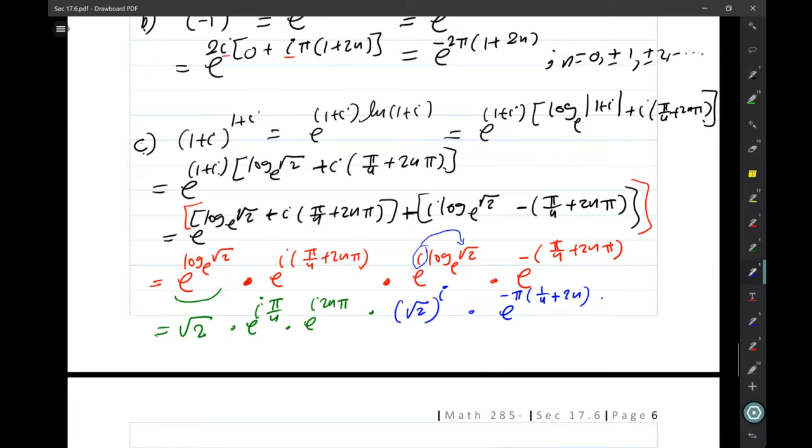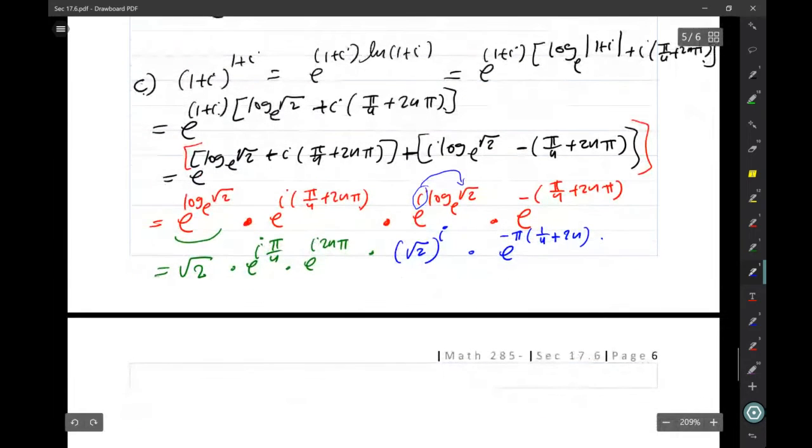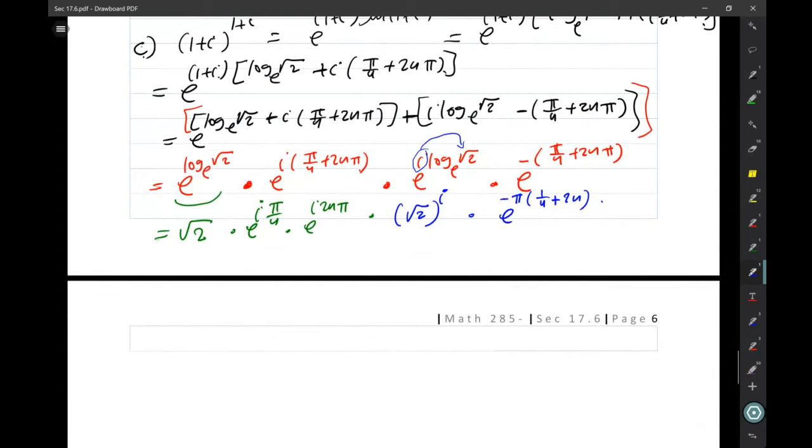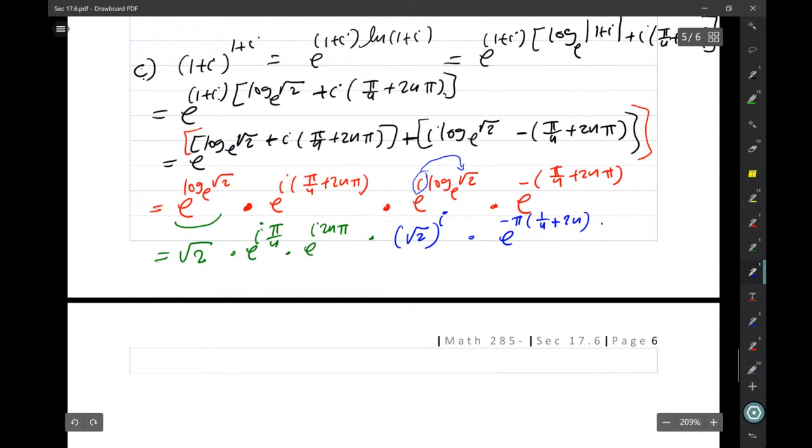Now let's see. We can simplify it more actually. e to the power I times 2n pi is equal to what? This one here. This is equal to 1.